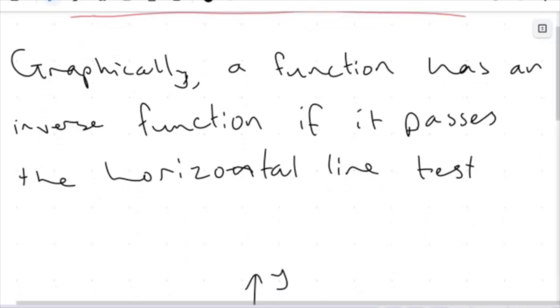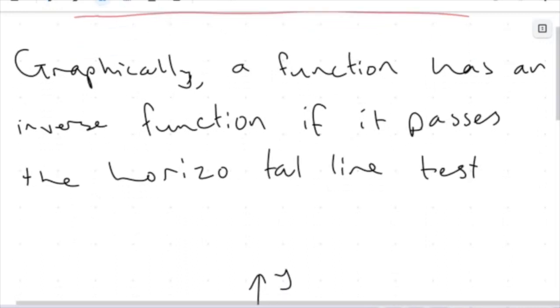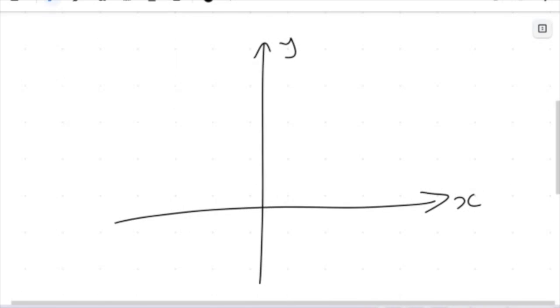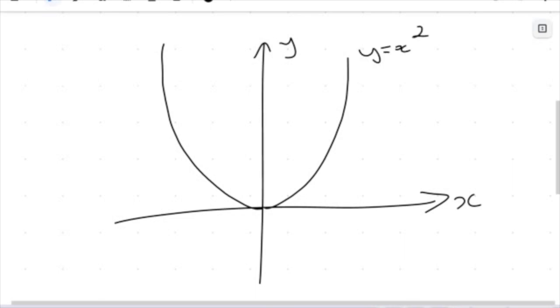Now, you guys are probably looking at this and going, well, we know about the vertical line test, we've heard about that before, but why now are we talking about this horizontal line test? So let's actually just draw a function here. I'm going to draw the function y equals x squared.